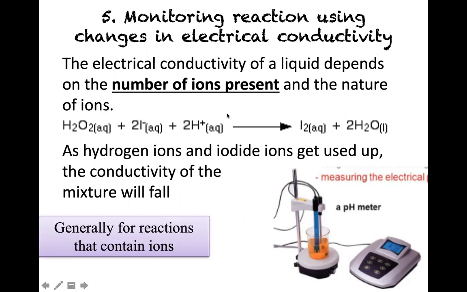Okay, so this method is generally for reactions that contain ions. If you don't have ions in your reaction, then there's no use of using the pH meter to measure the electrical conductivity. Okay, the reason why pH meter works is because you have the hydrogen ions. So either hydrogen ions or hydroxide ions. You can use a pH meter for this.